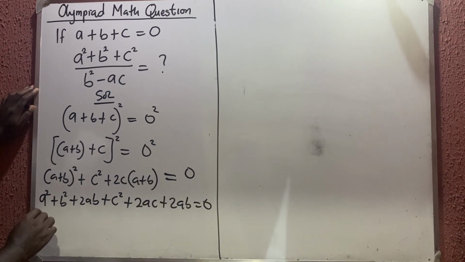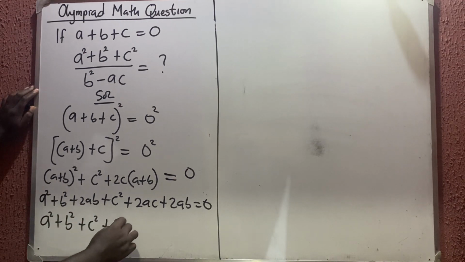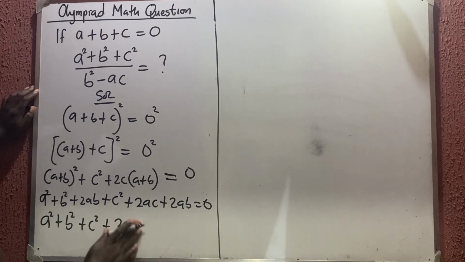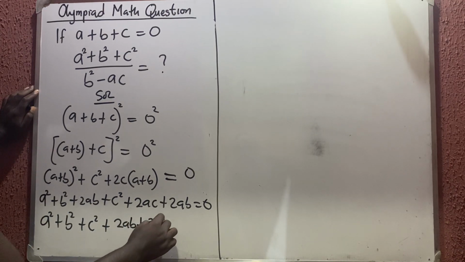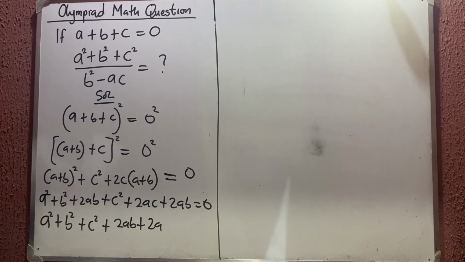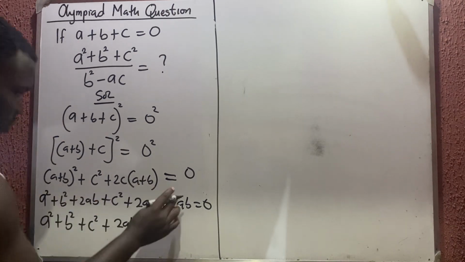Now let me arrange it very well to have a squared plus b squared plus c squared, then plus 2ab plus 2a... There's a mistake here. 2c times this will give you 2ac, 2c times b will give you 2cb.